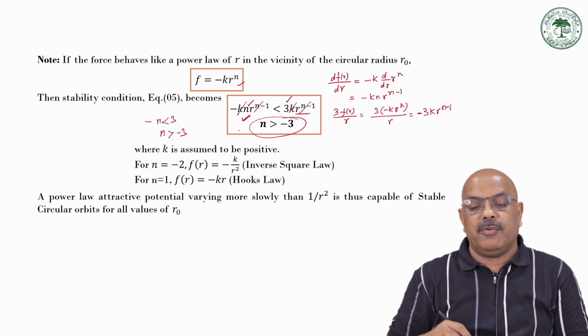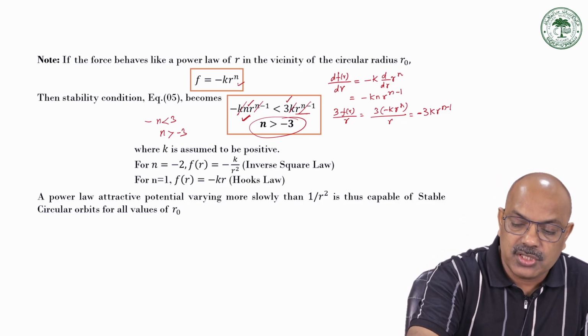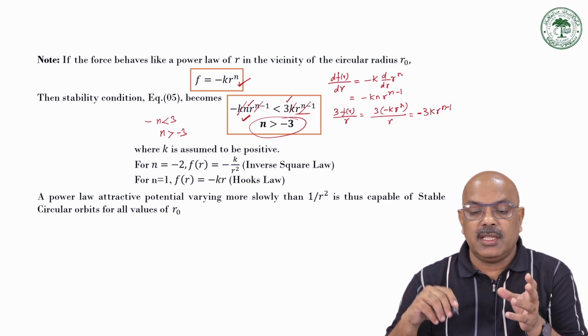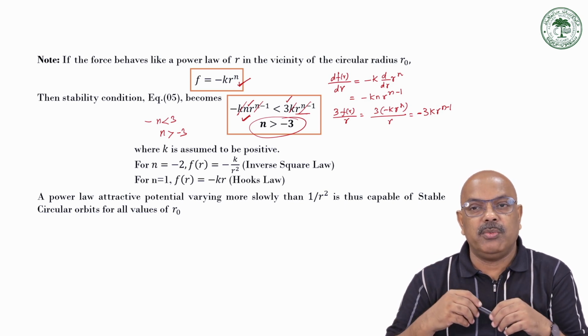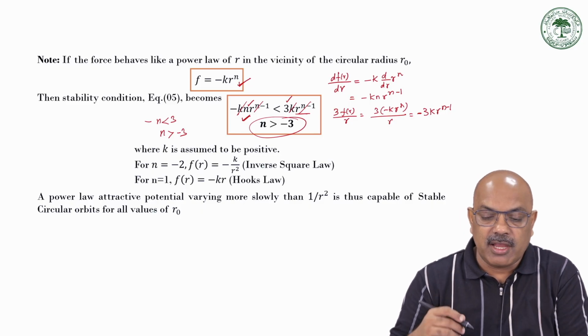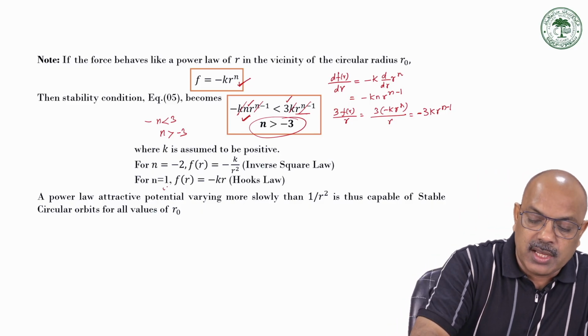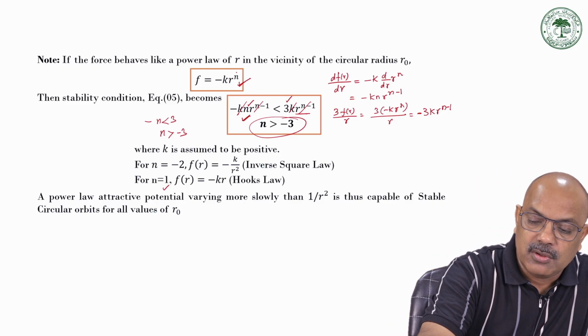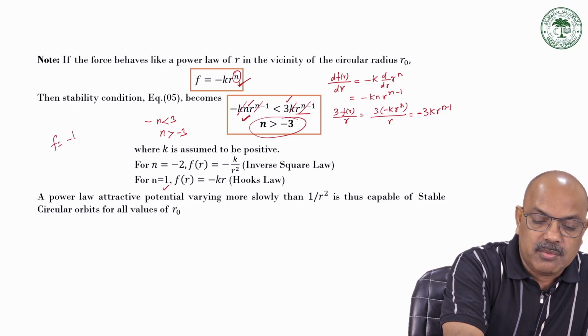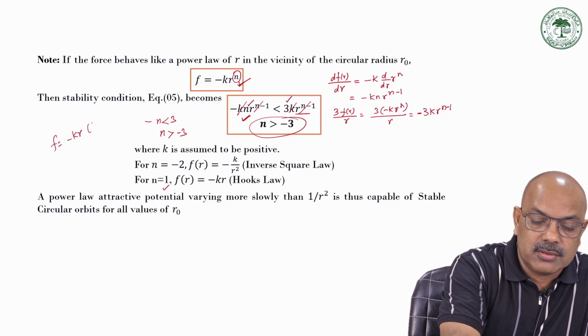Okay, so for this kind of potential to give a stable orbit, the condition is that n is greater than -3. Now you see that if I put n equal to 1, f is minus kr, this is Hooke's law.